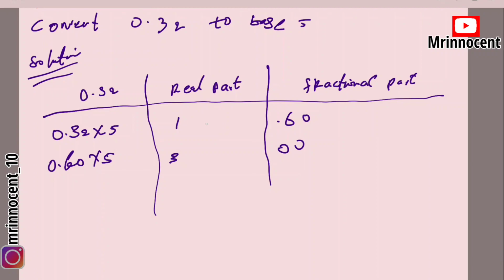You stop. Take it in ascending order, from top to bottom. You have 0.13 in base 5.